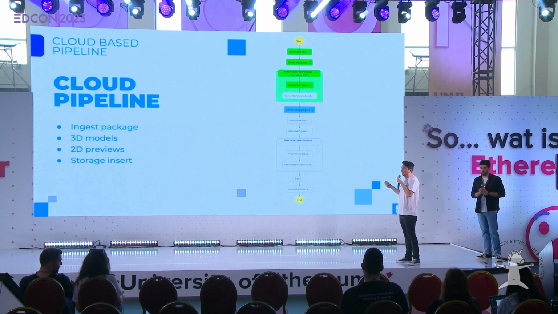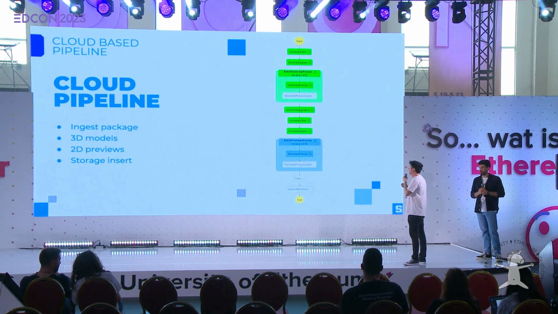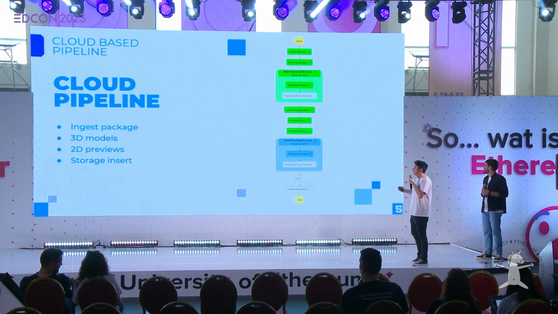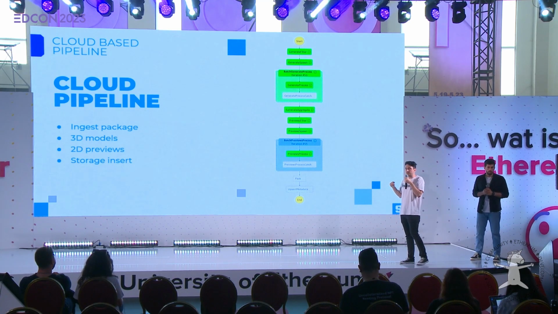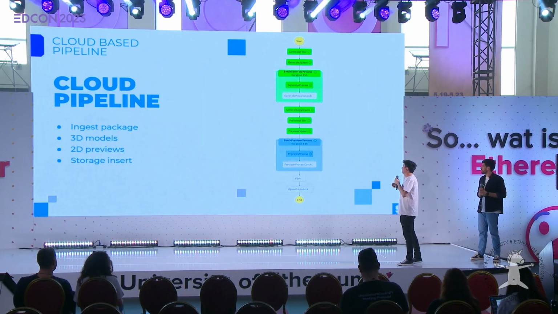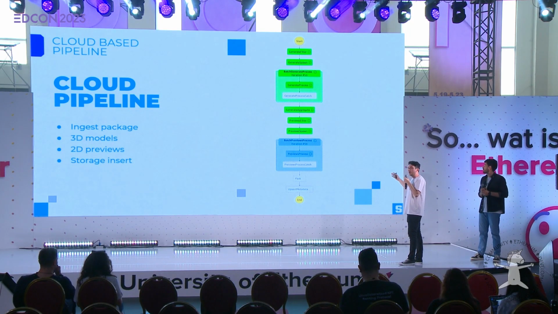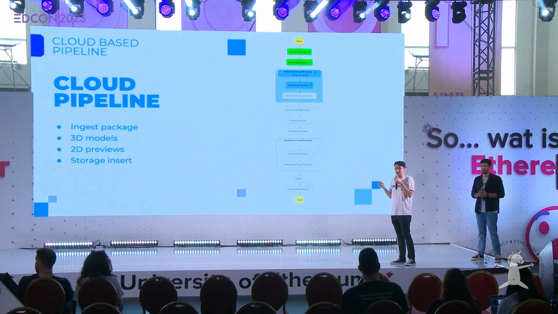So we moved everything into a cloud-based pipeline, which we called the Cloud Pipeline tool. It's made up of AWS Step Functions, gated by API Gateway endpoints. It also has a small UI, so non-technical people can access and manage this pipeline easily.